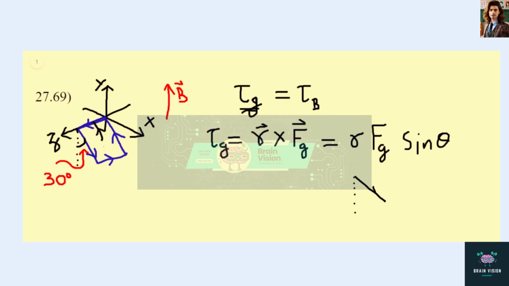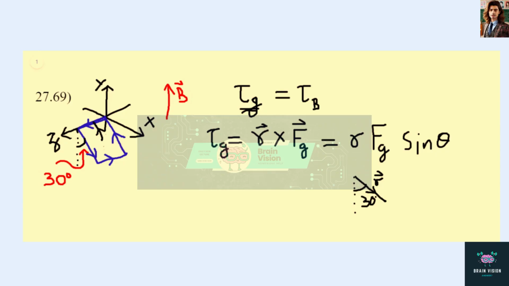This is my vector r, and this is my center of mass. And this angle is just that angle. That's 30 degrees, right?